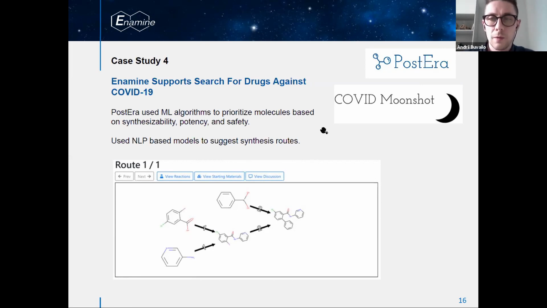The idea of the project was that a lot of molecule suggestions were received, crowdsourced from different chemists around the globe, and then the algorithm helped to rapidly elucidate only very relevant molecules, predict optimal synthetic routes for those molecules, and also elucidate their potency and safety.